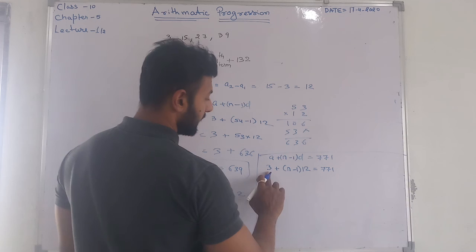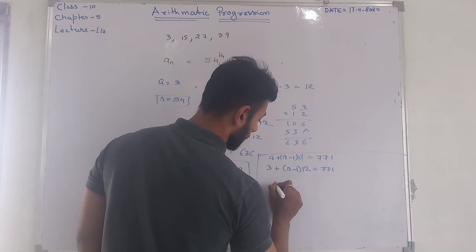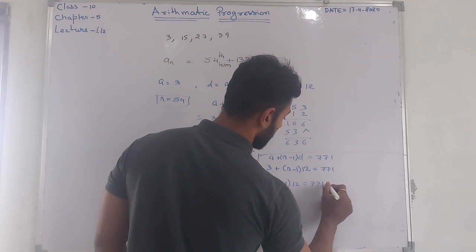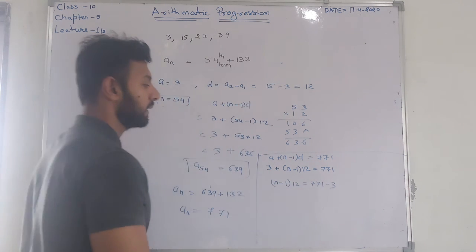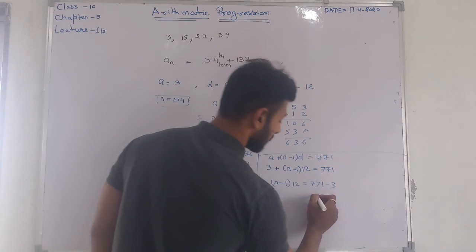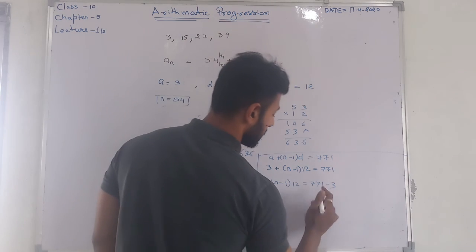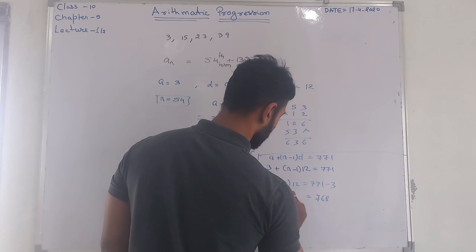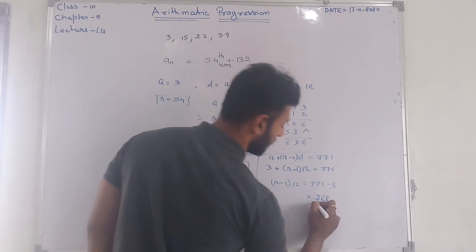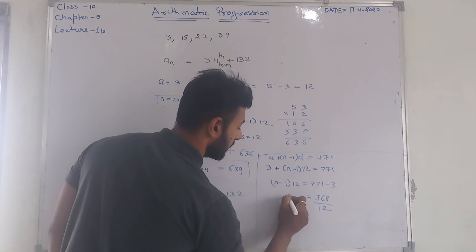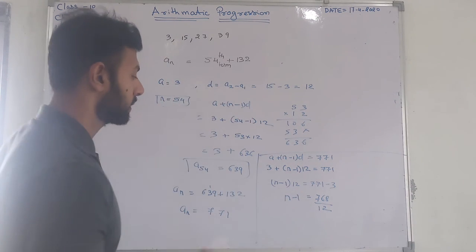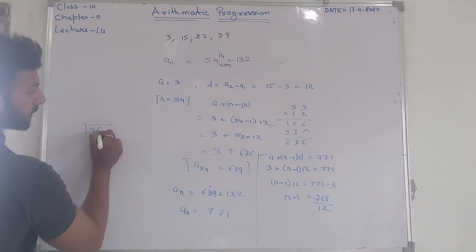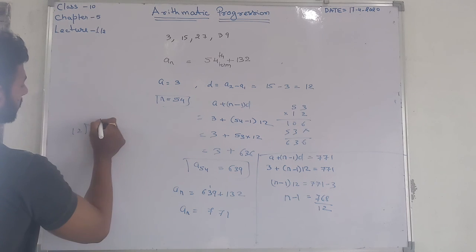Now taking this 3 over here, (n minus 1) into 12 is equal to 771 minus 3. So solving this, we get 768 equal to (n minus 1) into 12. Taking this 12 to the denominator, n minus 1 equals 768 divided by 12.